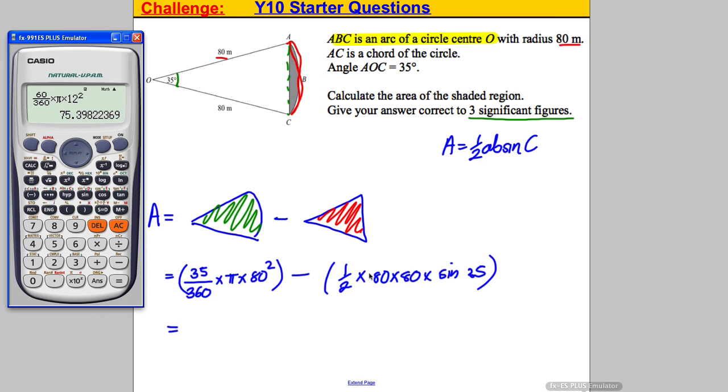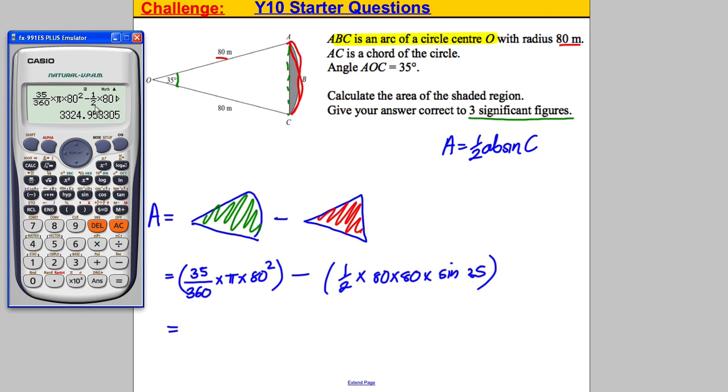So you could just type that in your calculator straight away. So you could say fraction 35 out of 360 multiplied by pi multiplied by 80 squared. And what we're going to do, we're going to subtract a half multiplied by 80 multiplied by 80 multiplied by sine of 35. Now be super careful here.